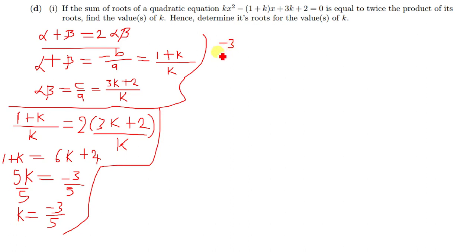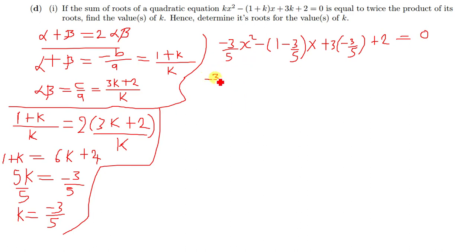We're going to have negative 3 over 5 x squared, then minus, 1 minus 3 over 5, we have a negative there, x, then we have plus 3, while there is k, we put negative 3 over 5, and then plus 2 is equal to 0.